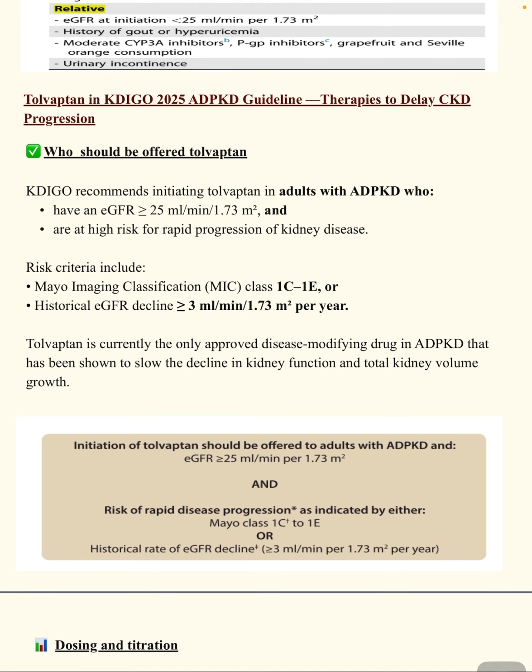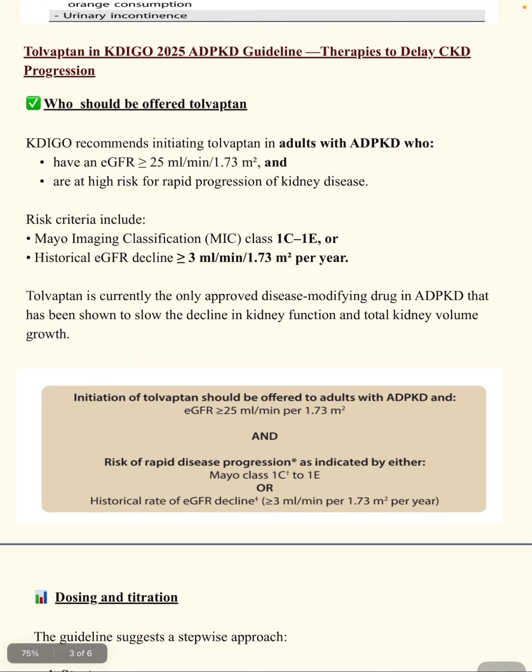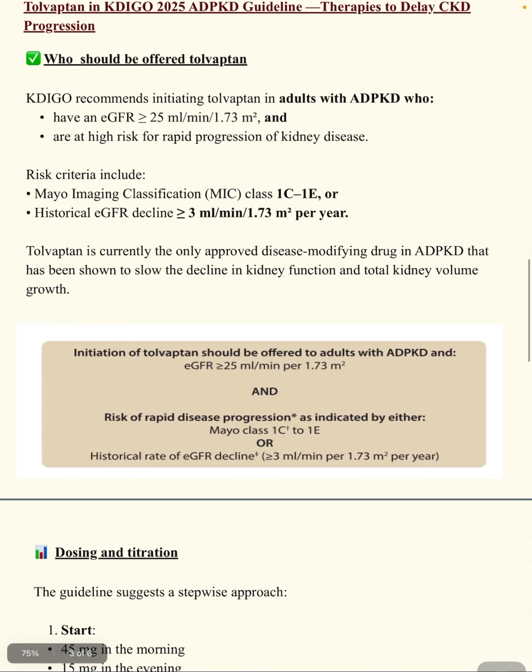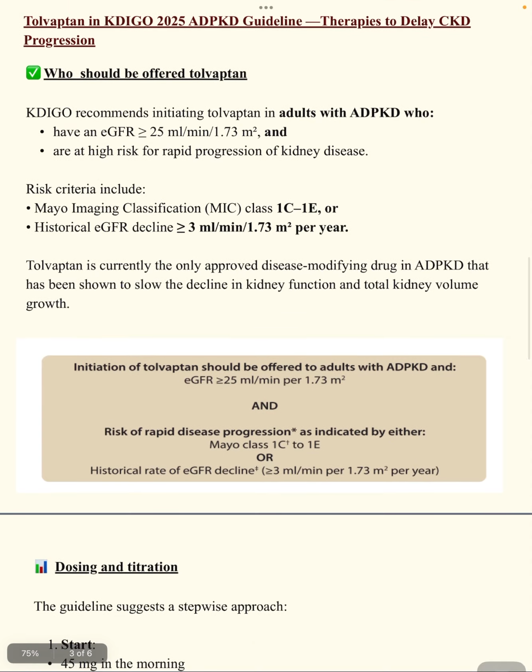Now, I am focusing on tolvaptan in autosomal dominant polycystic kidney disease, based on the KDIGO guideline 2025. Why does tolvaptan delay CKD progression? ADPKD progression is mainly driven by vasopressin-mediated cyst growth, increasing cyclic AMP, progressive kidney enlargement and fall in GFR.